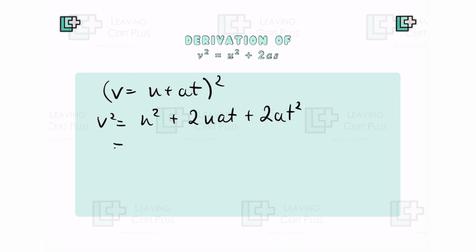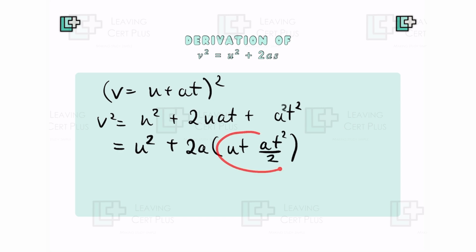This is the expression I'm ending up with: u squared plus 2a. From the first term, if I take out 2a, I'm left with ut. From the second, a squared t squared, if I take out 2a, I'm ending up with at squared over 2. Hopefully you can see that the bracket can be replaced with s. So I end up with the expression u squared plus 2as, which is exactly what we were looking for.